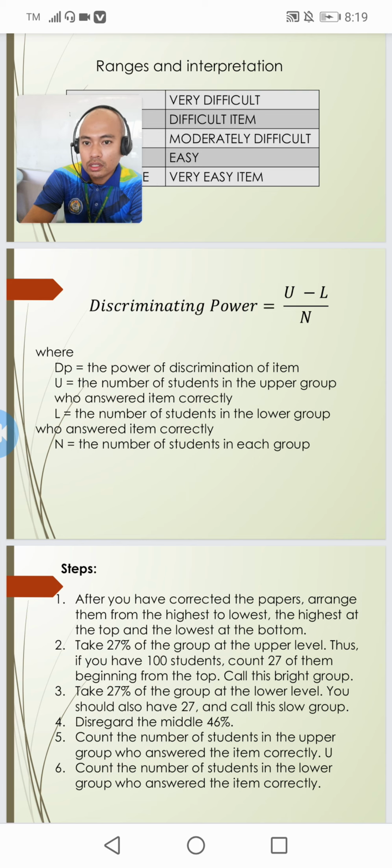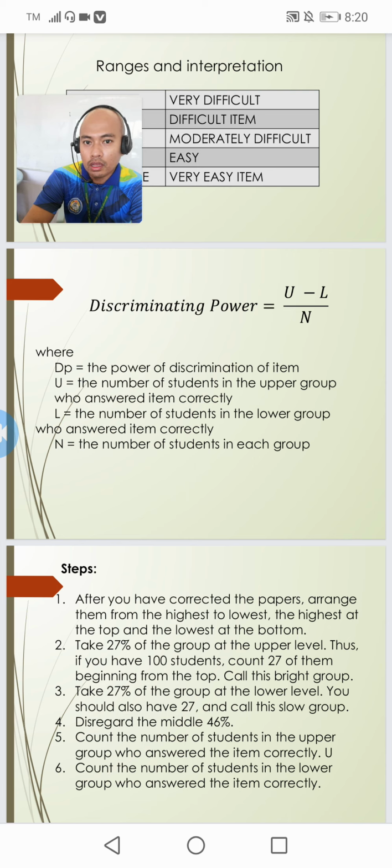All right, so the discriminating power can be found by using the formula presented in the presentation, which is capital U minus capital L all over capital N. Take note, guys, that we often use the symbol DP as the representation of the discriminating power.